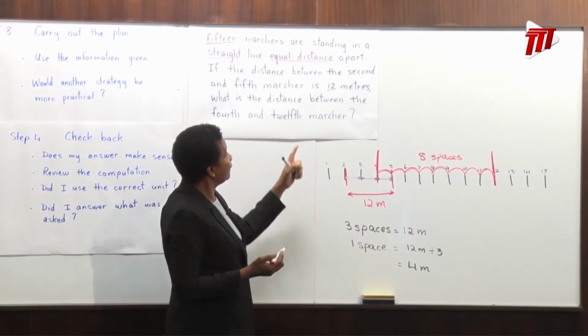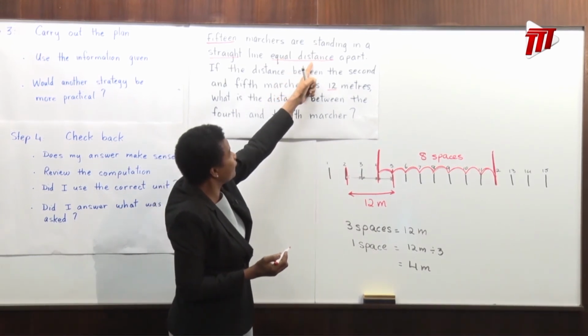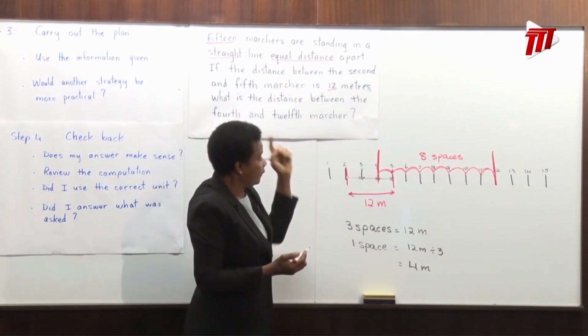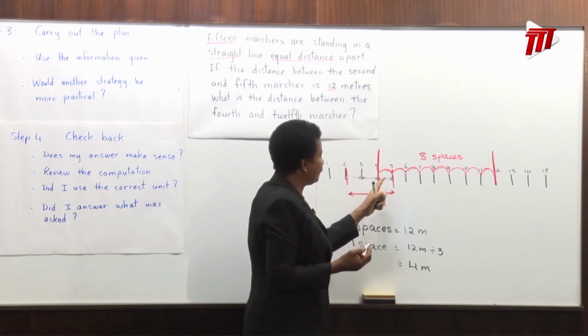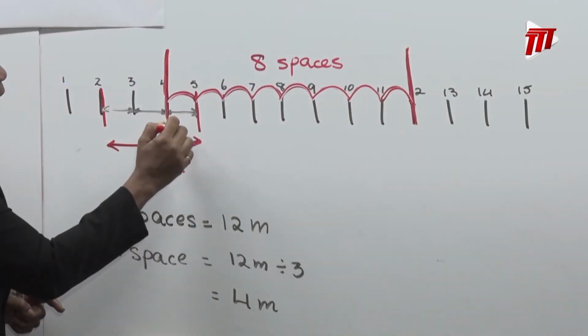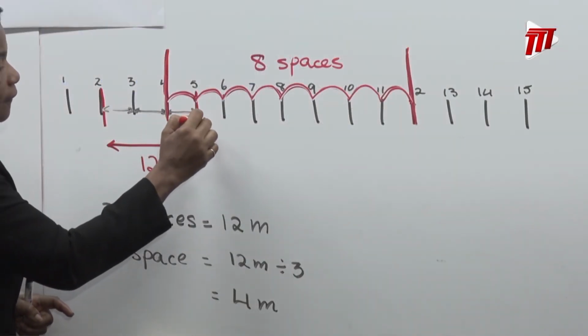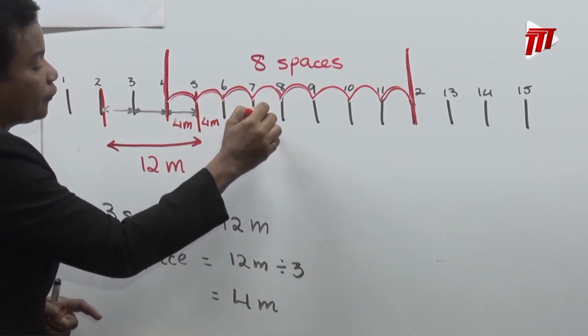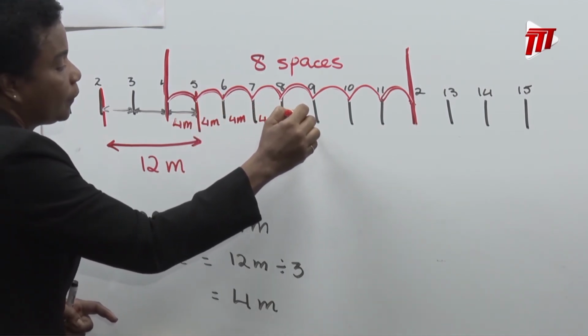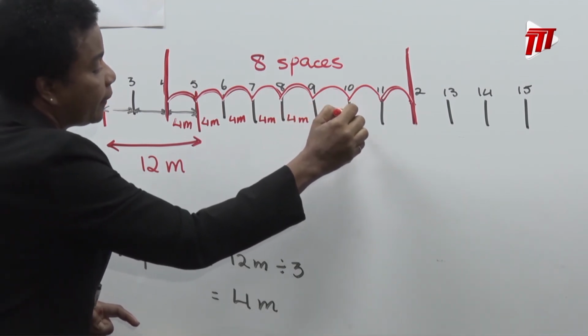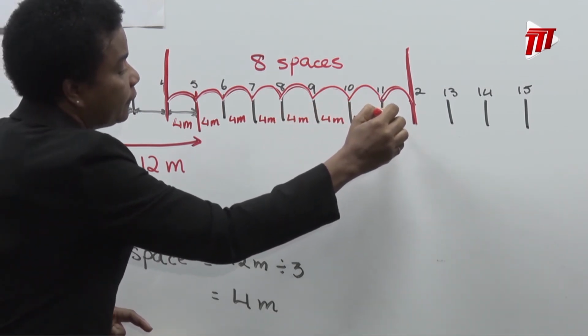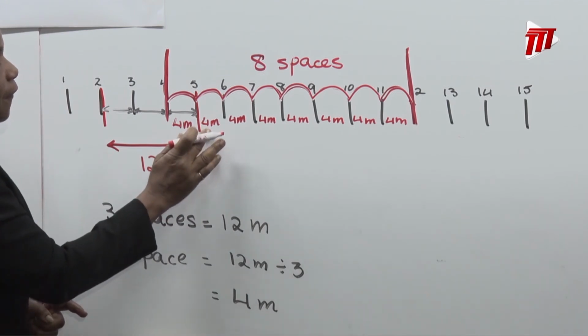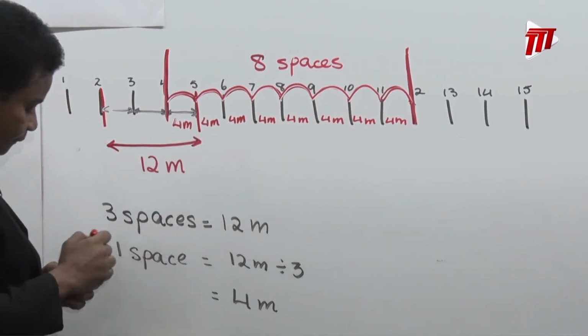But remember, they are equal distances apart. Therefore, each space will be 4 meters. Yes, 4 meters each space. So I'm going to just put 4 meters on each space here. It means, therefore, that we have 4 meters 8 times.